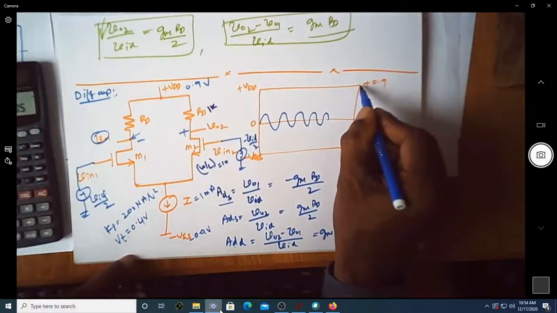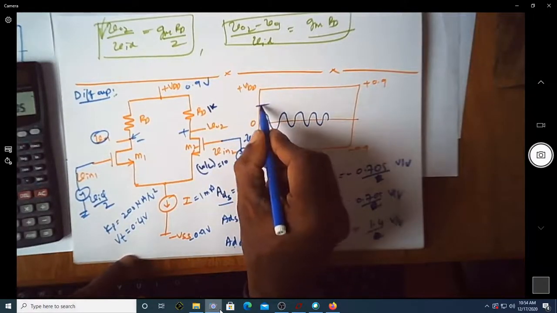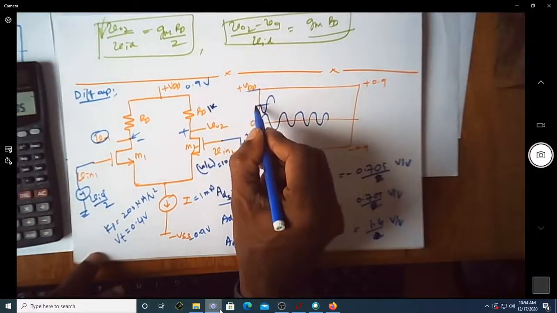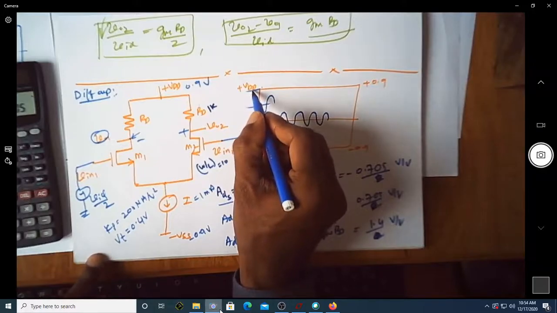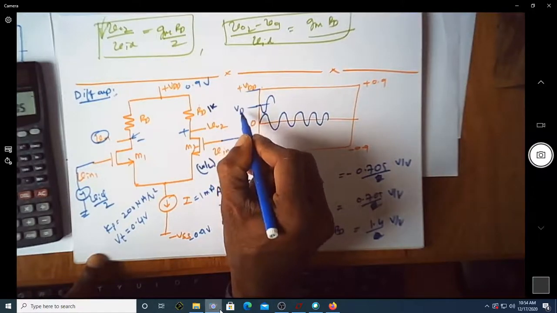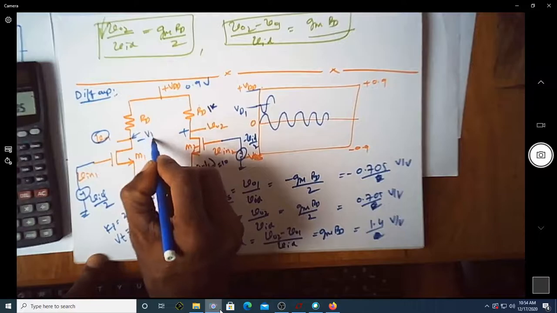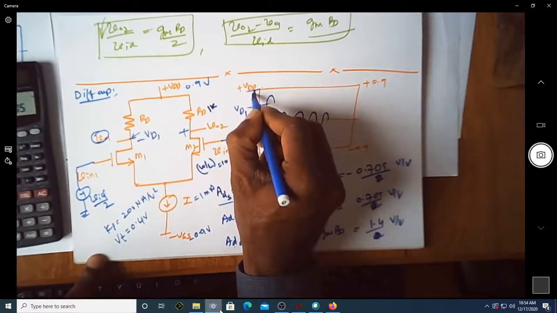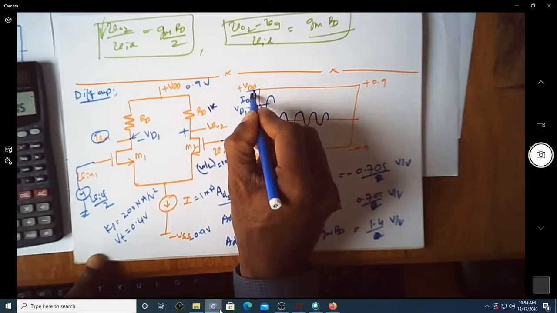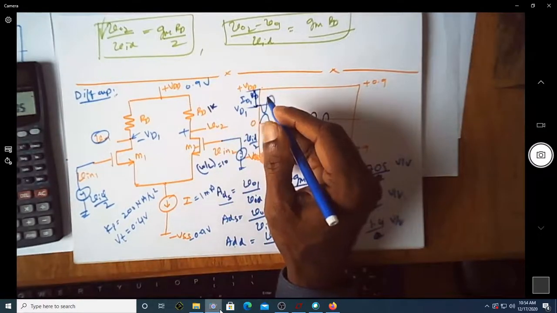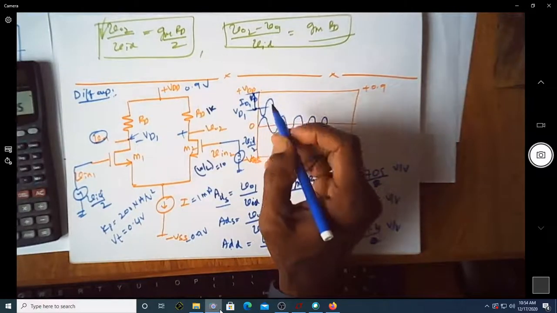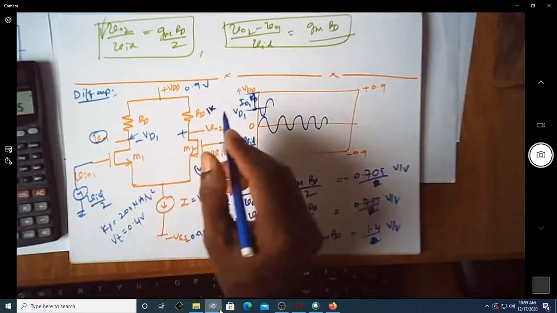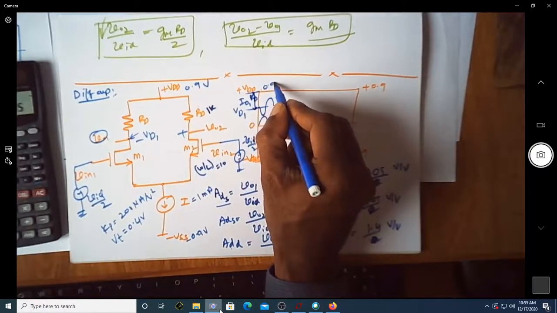Suppose I write VD1 as the DC voltage at the drain of M1, it is down from VDD by ID1 into RD. We know that ID1 is 500 microampere and RD is equal to 1K.